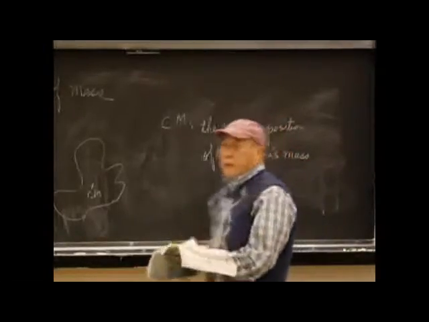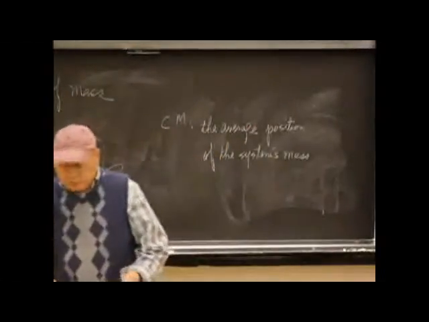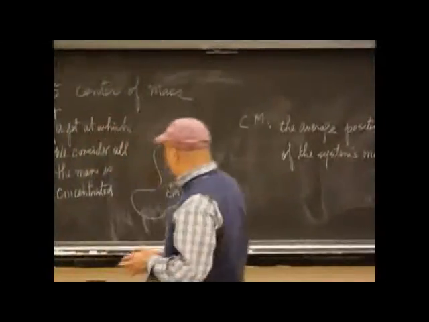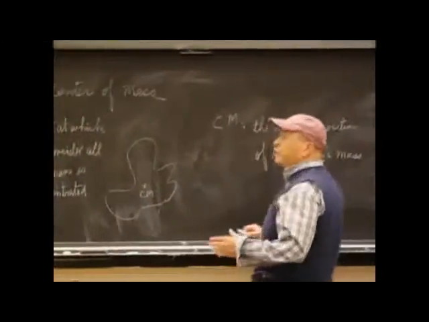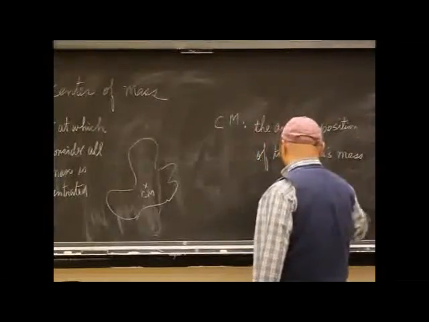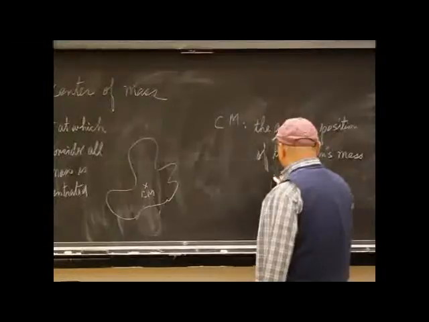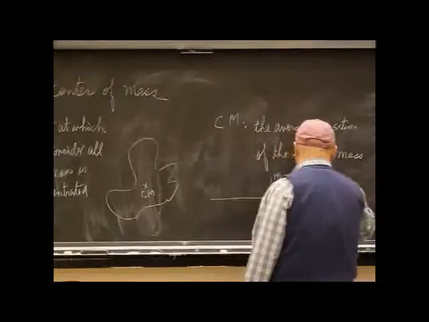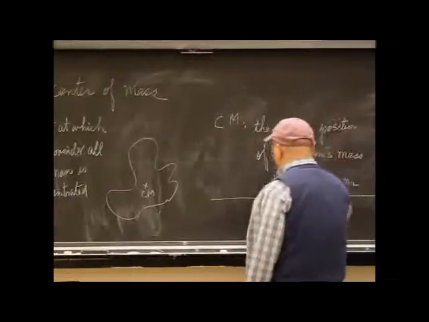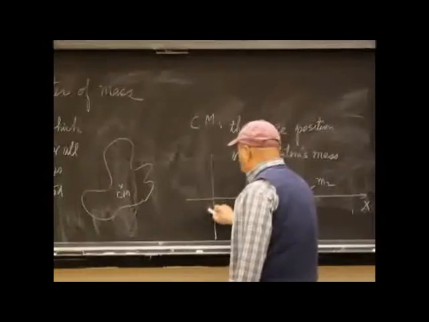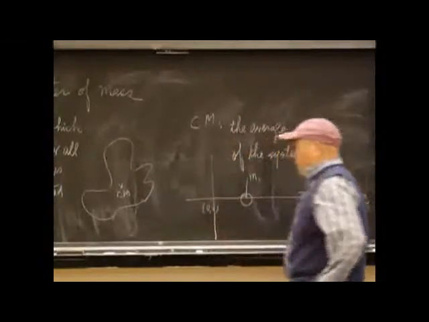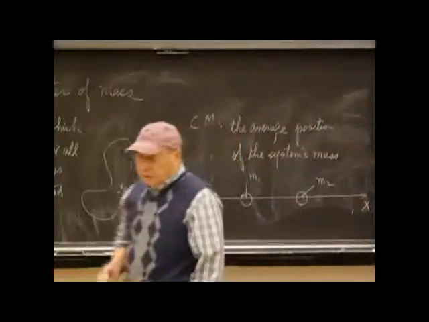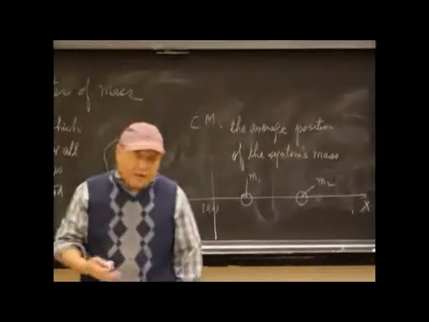So that's how they define it. In general, as far as physics goes, they say, okay, we take 2 masses, and this is M2. And then here is the x-axis. So this is the coordinate system 0, 0, which they use as the starting point. So how do you define an average?